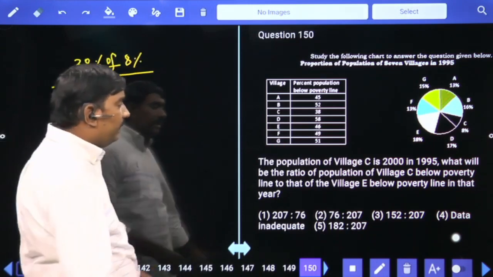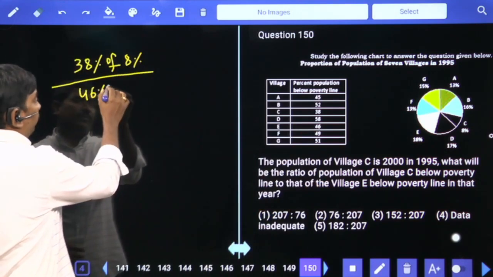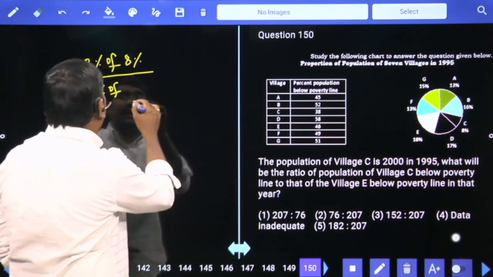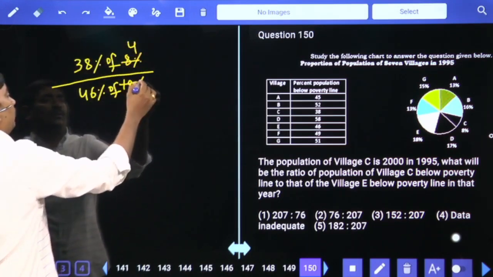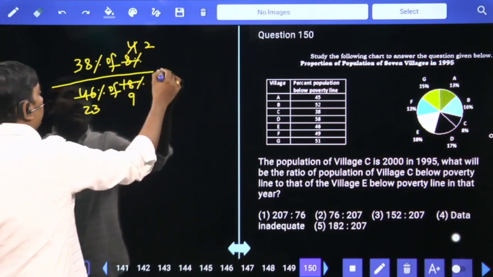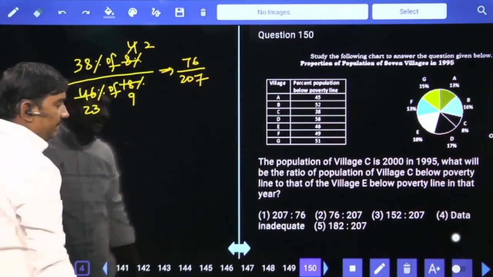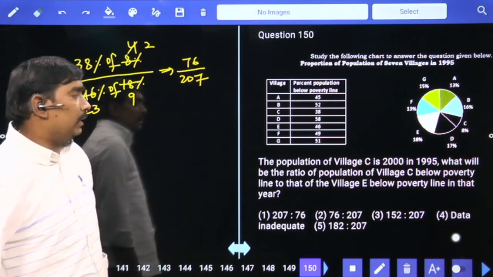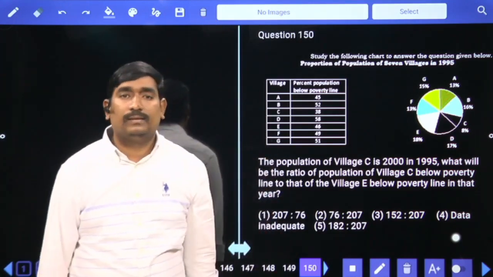Village E below poverty line, 46% of village E total population 18%. Simplifying gives 76 by 207. Second option is your answer. Thank you.